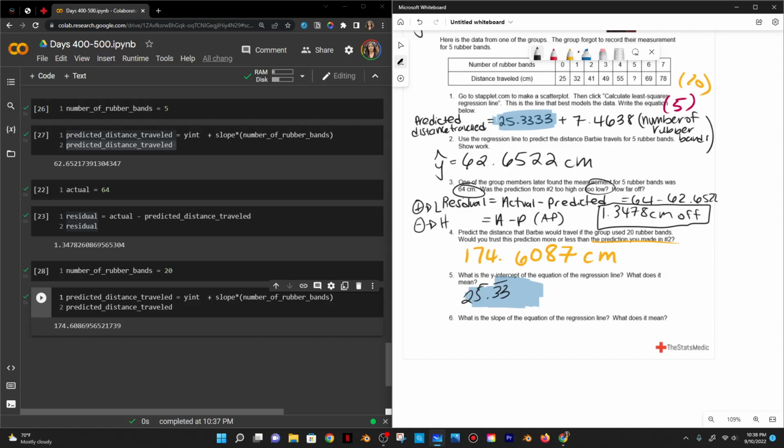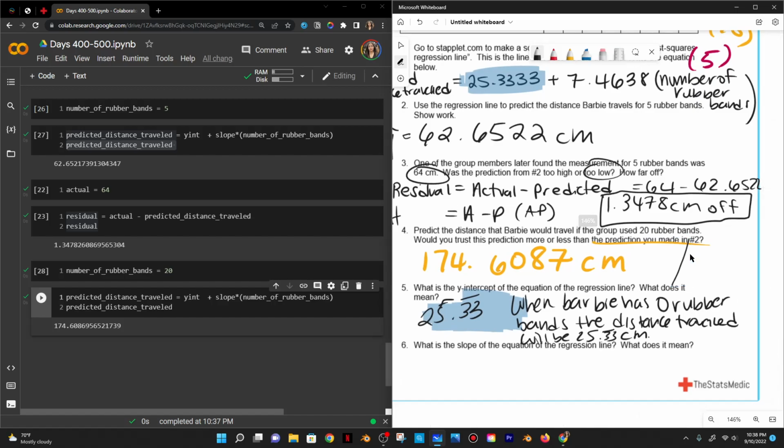It means that when Barbie has 0 rubber bands, the distance traveled will be 25.33 repeating centimeters. Yeah, that's literally it.